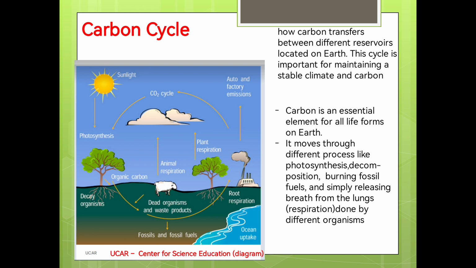When we breathe or the animals breathe, we inhale oxygen and we release carbon dioxide through the process of respiration. Then, we, the animals, eat those plants, and through this process, the carbon in the plants is transferred to humans and animals.